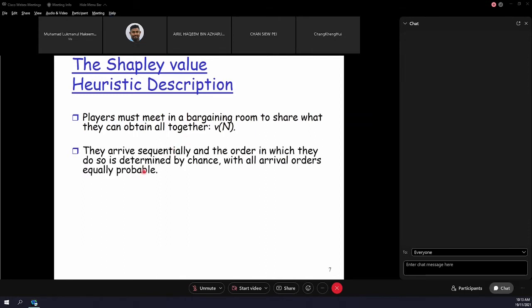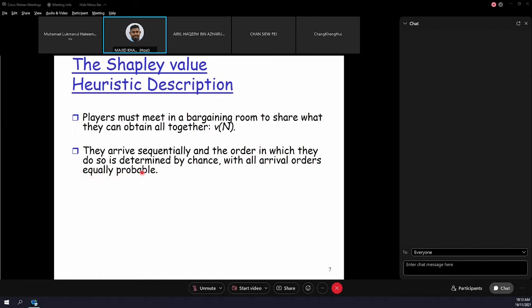Next, they arrive sequentially. This is also very important. They arrive sequentially, and the order in which they do so is determined by chance, with all arrival orders equally probable.